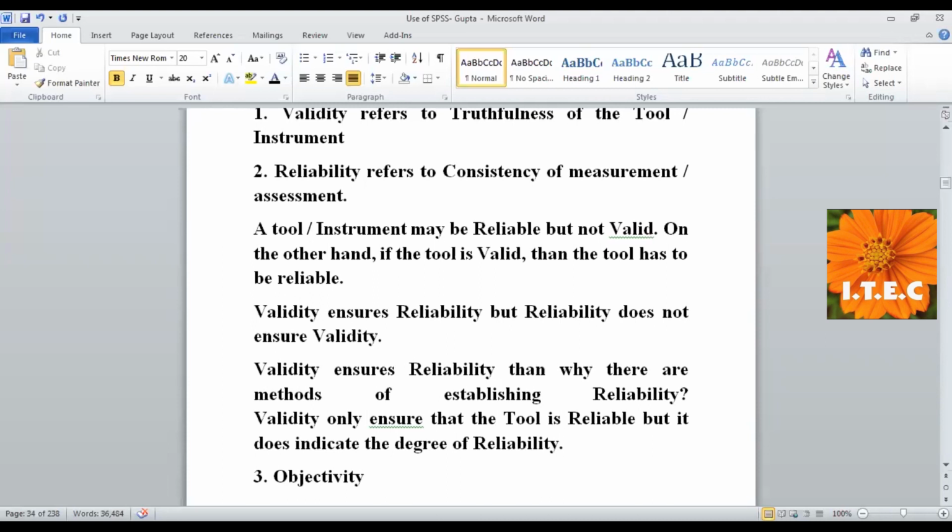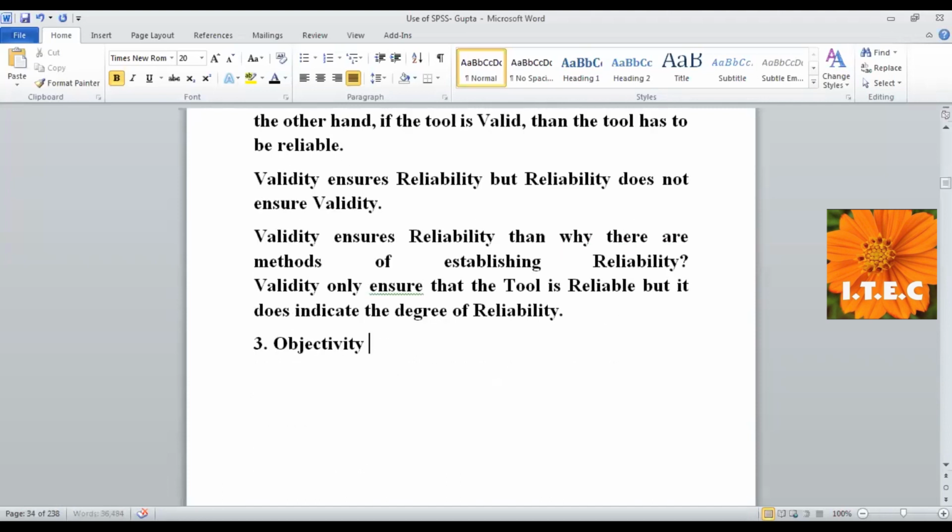Now this particular one is an essay type question. Now you make 10 photocopies of this particular answer sheet, and you give it to 10 different people, examiners.